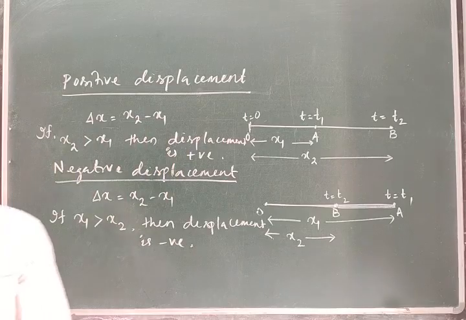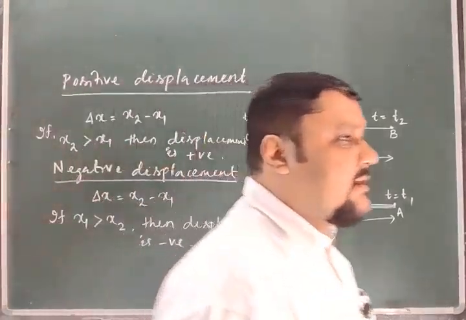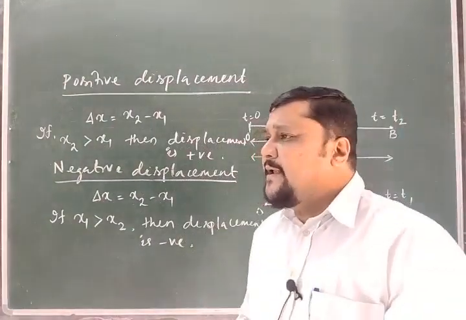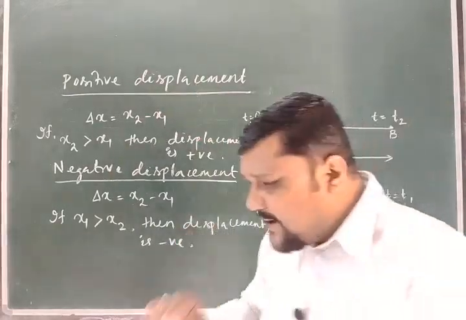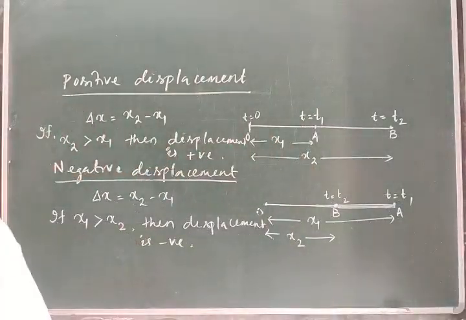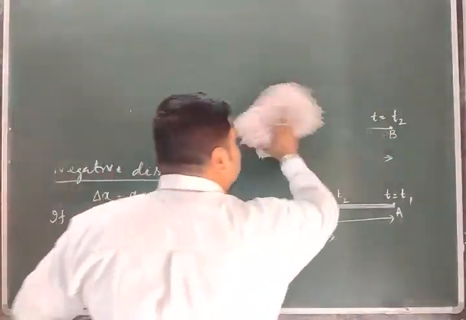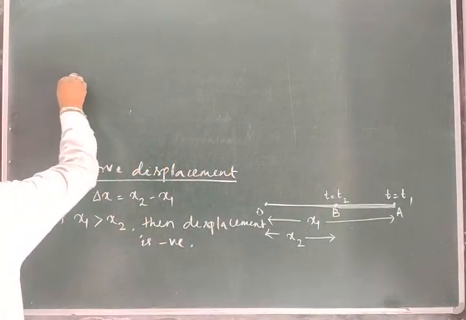And the zero displacement, if the particle is at rest, or the particle starts from the initial point and reaches again to that point, means what? In this case, the particle is either at rest, then the zero displacement. How do we explain this zero displacement?